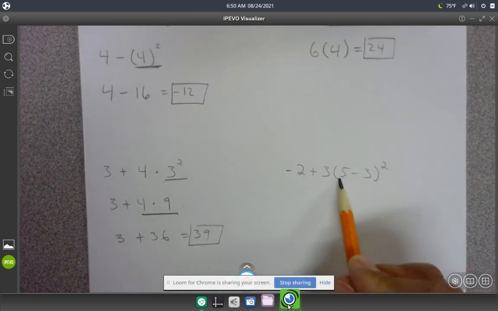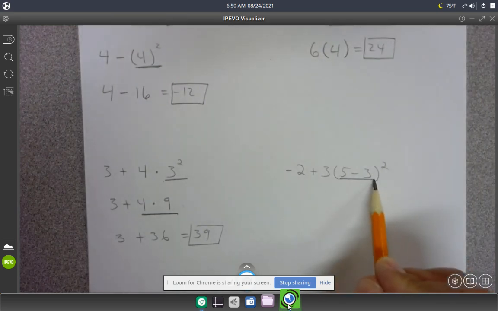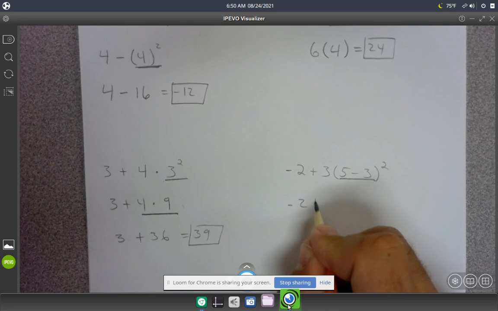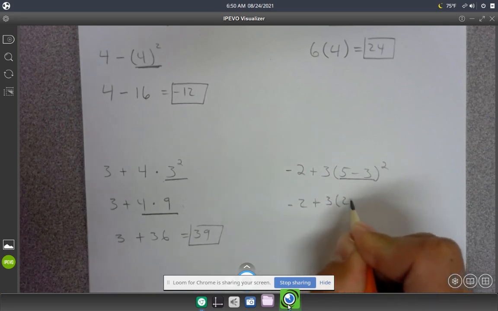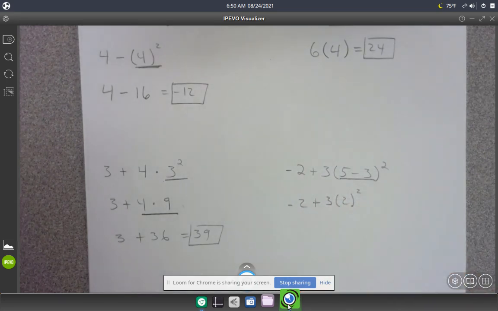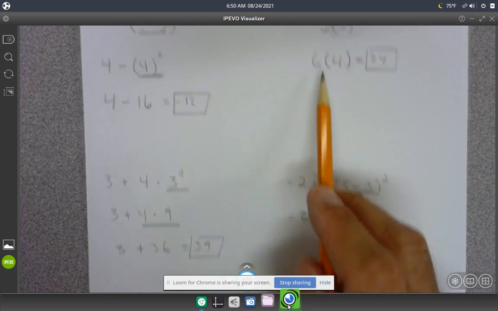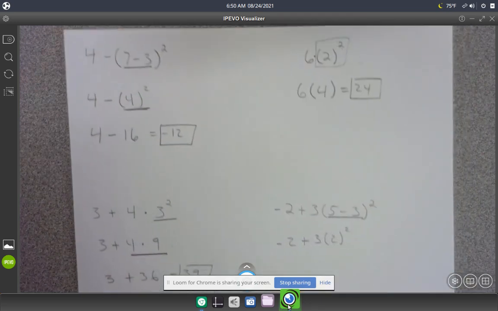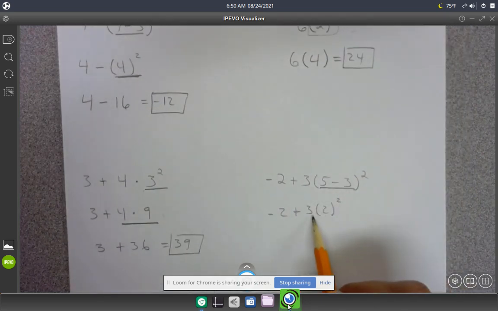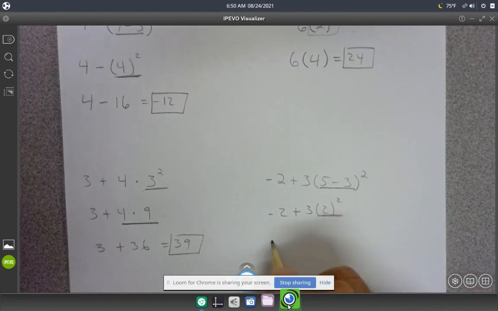On this one, of course, that's going to be a 2. Boy, there's a lot of operations on this one. So I just turn that into a 2. This part right here is actually just like this one up here. So we need to do the exponent next. 2 squared, that's going to equal 4.